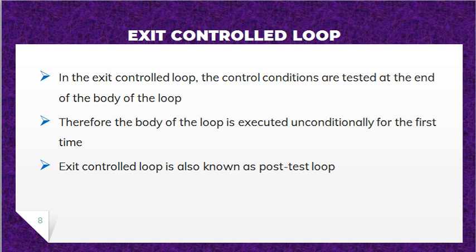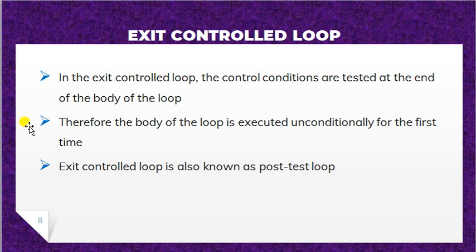Next we can see what we mean by exit controlled loop. In an exit controlled loop, as the name implies, the control conditions are tested at the end of the body of the loop. We have already said that loop statements consist of two segments: the control statement and the body of the loop.